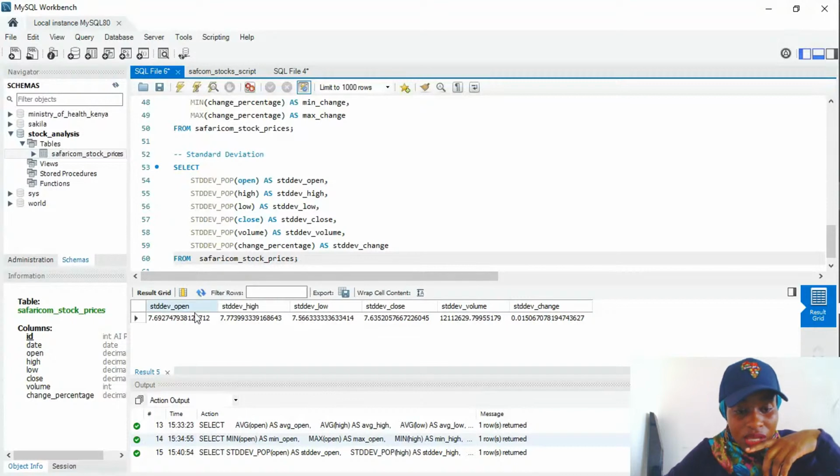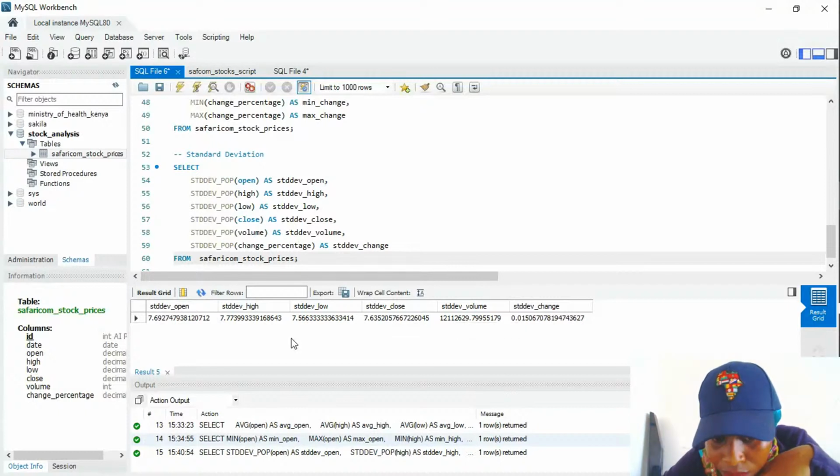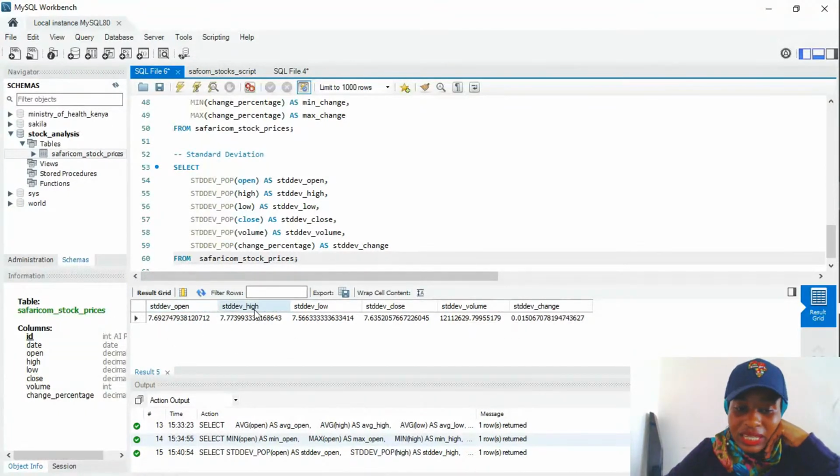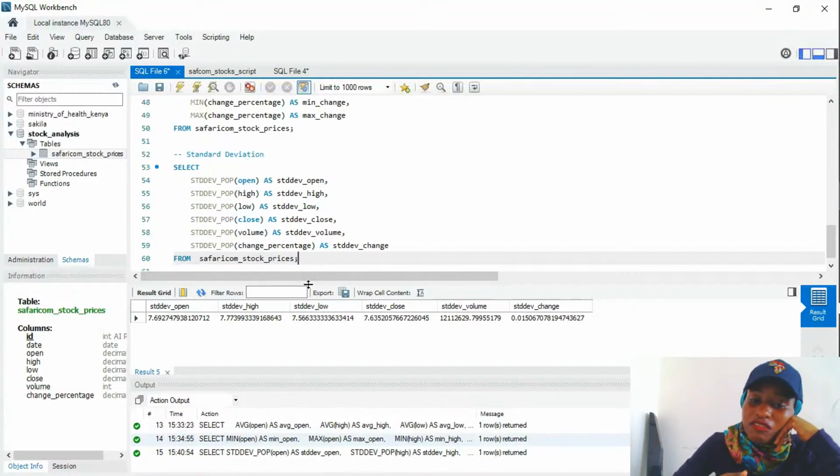So we see here that for the opening prices, it deviates from the mean by 7.69. And then the high deviates from the mean by again 7.7. Now the low again, that one. Then we also have the volume also deviating by that one. So this typically tells us that the prices over the last 7 years, from June to 2019, have been very volatile.